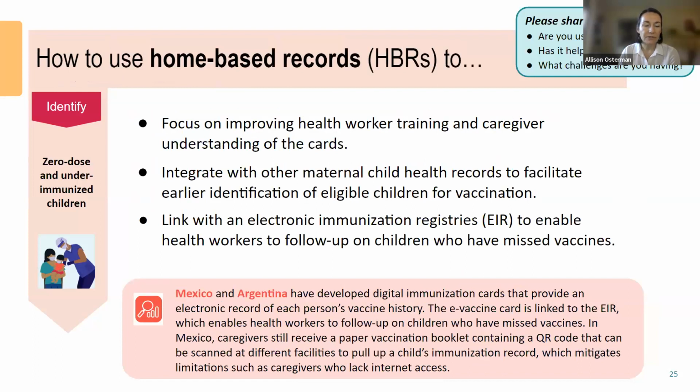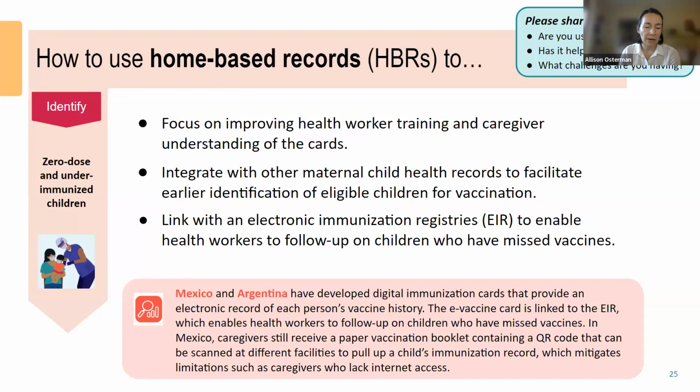So moving on to home-based records, HBRs are used to record vaccinations and history of health services. They're kept by caregivers and usually in a paper format, but they can also be electronic. They help caregivers and healthcare workers know what vaccines or health services a child has received.